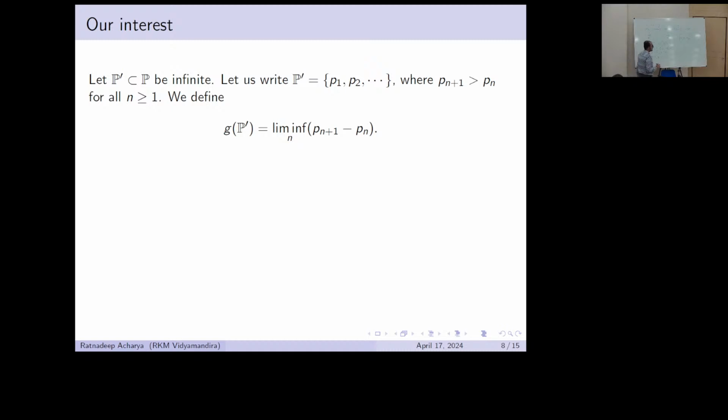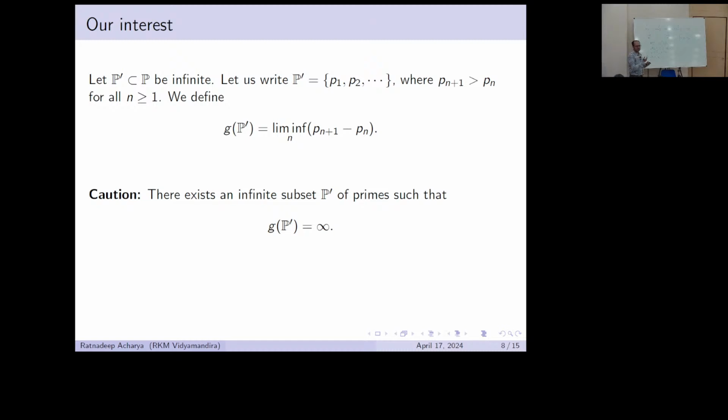Now, if P prime is infinite, does it ensure that G of P prime is finite? No. There exists an infinite subset P prime of primes such that G of P prime is infinite.